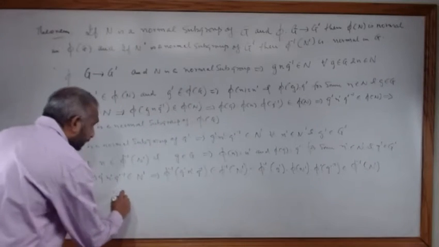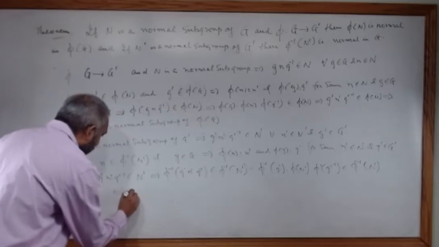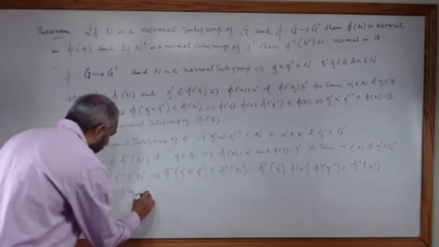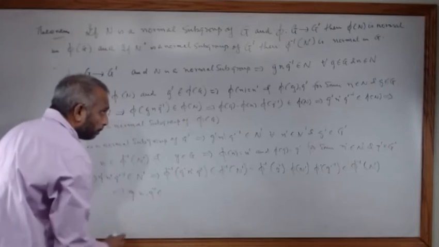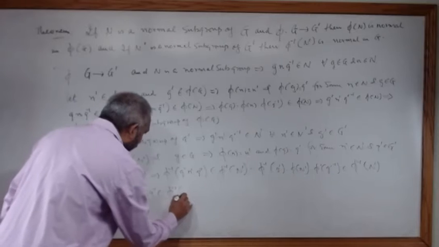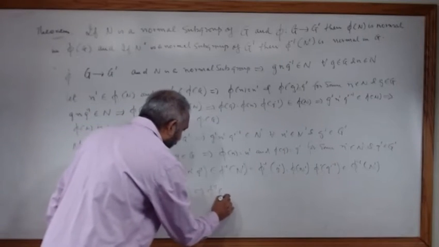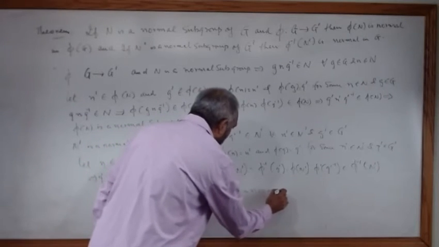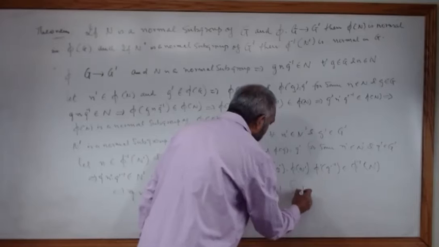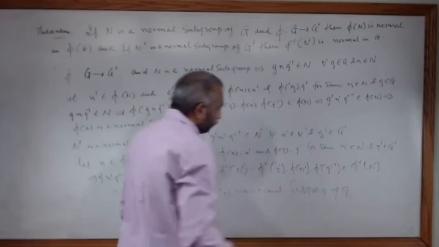And that implies g n g inverse belongs to phi inverse of N prime, implies phi inverse of N prime is a normal subgroup of G.